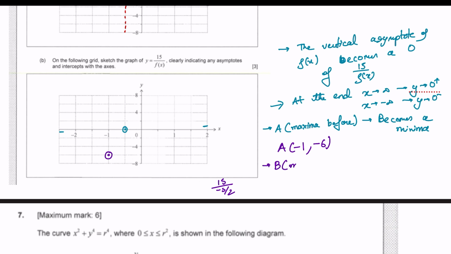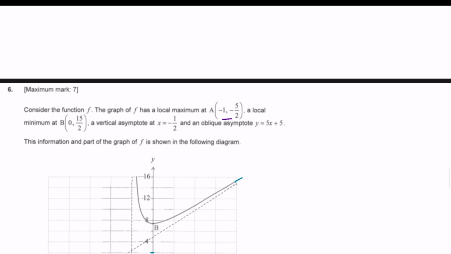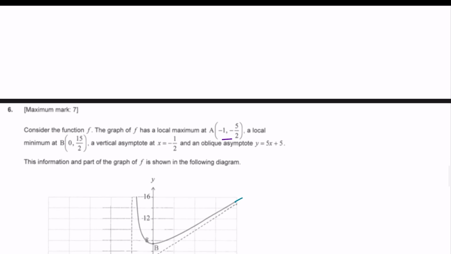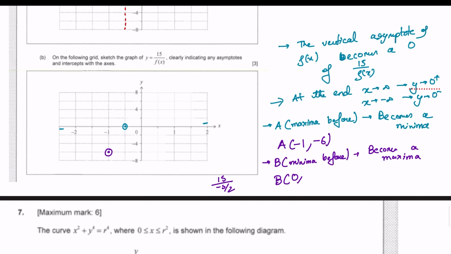Similarly, B, which was a minima before, becomes a maxima. So for B, the x-coordinate remains 0. The y-coordinate of B was 5/2, so 15 divided by 5/2 becomes 6. So the coordinates of B would be 0, comma, 6.